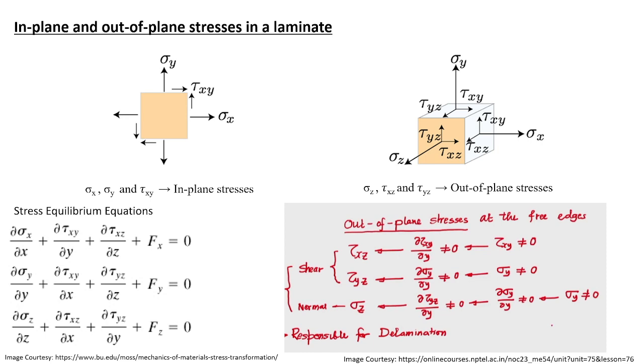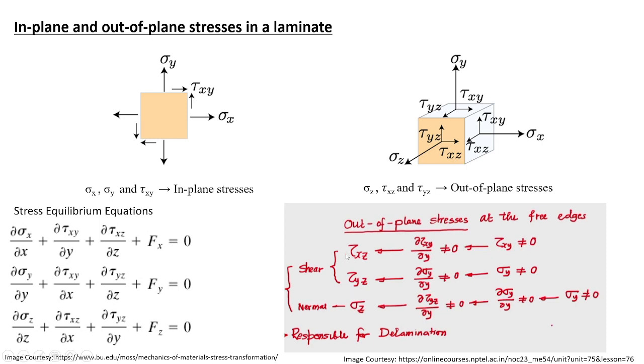As you can see here on the screen, sigma z, tau xz, and tau yz are the out-of-plane stresses. The shear stress in the xz and zx directions will be symmetric, so their values will be equal, and the shear stress in the yz and zy directions will also be equal because of symmetry.